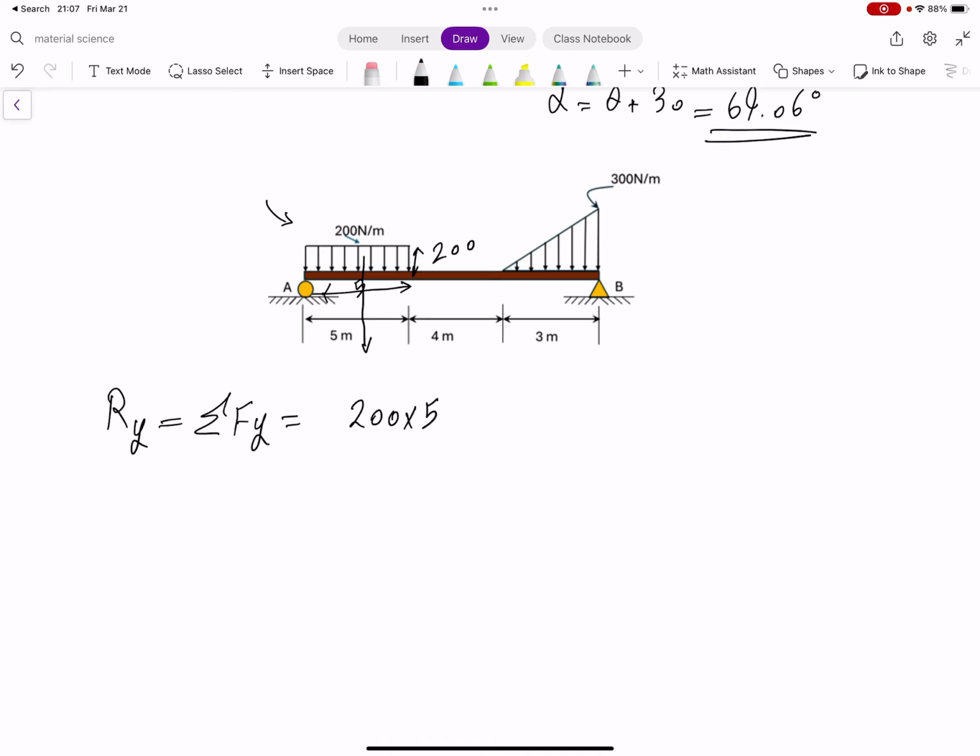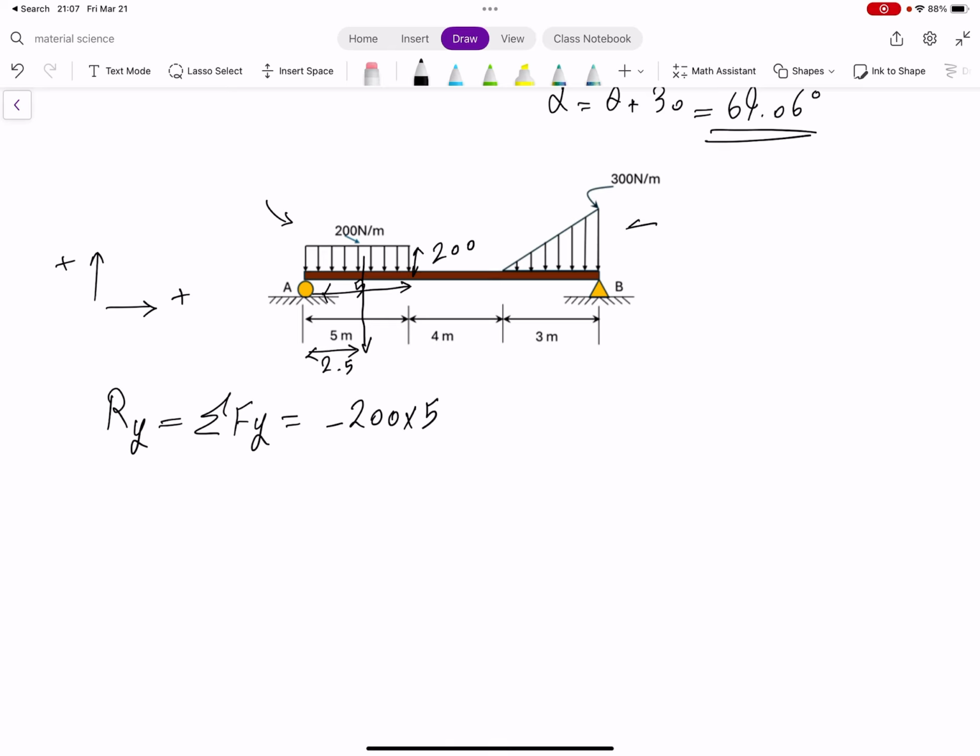So it's going to be right at this point, 2.5 meter. And because the force is going down, that was our rule: this x direction is positive, and as it is going down, we should put a negative sign, right? So this is the first load.